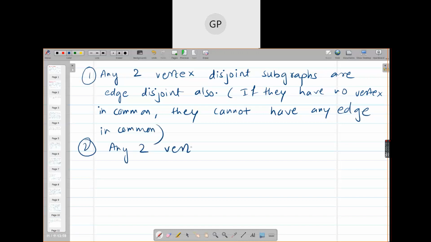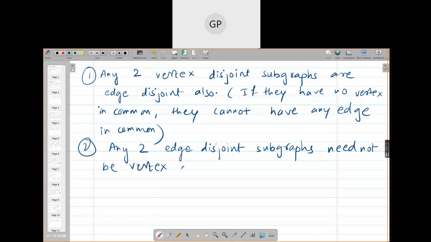Any two edge disjoint subgraphs need not be vertex disjoint subgraphs. Okay.